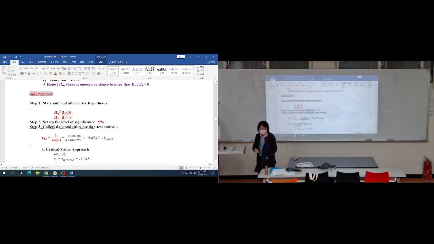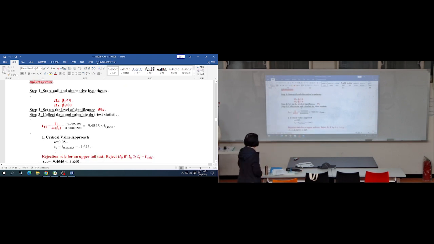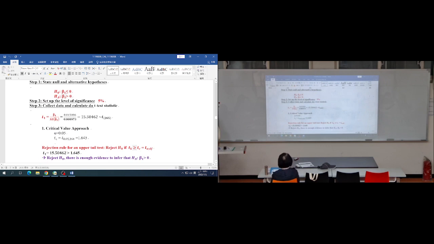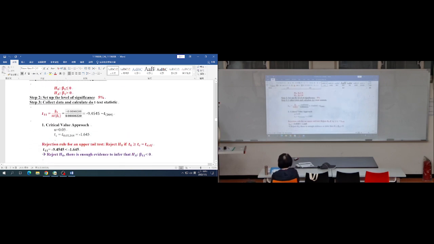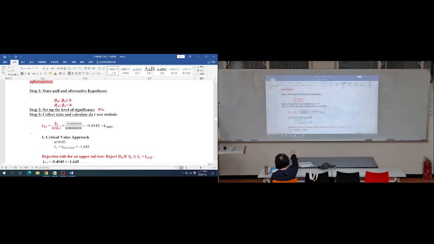It should be smaller. Why should it be smaller? Because it's negative, because you see the output is negative. No, that's wrong.